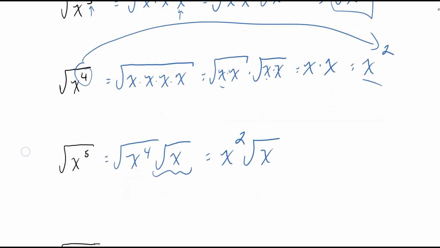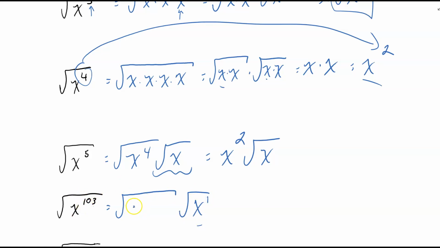Now, I could be really kind of silly and actually add one more in here. The square root of x to the 103. Let's break it down the same way. It's an odd number, so I know I'm going to get 1 left over. That's the 1.